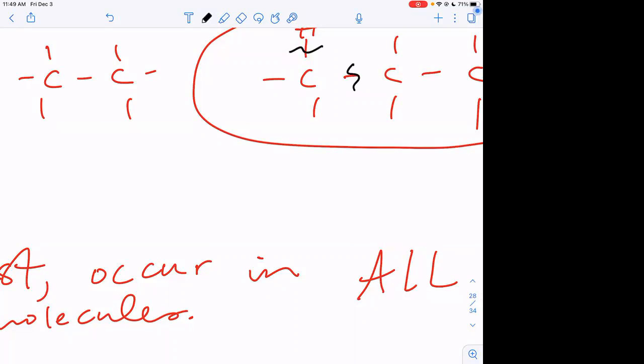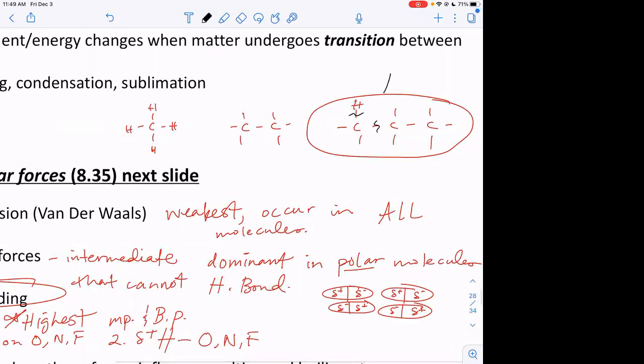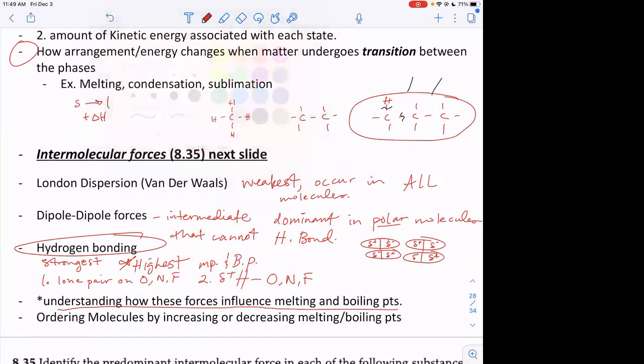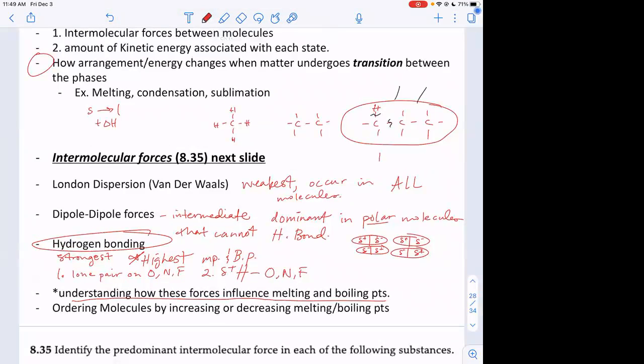We're not breaking those bonds. We're trying to break interactions between that molecule and a neighboring molecule to boil it. We're just trying to individualize the molecules. That makes sense. So yeah, this one would have the highest boiling point, and this one would have the lowest.